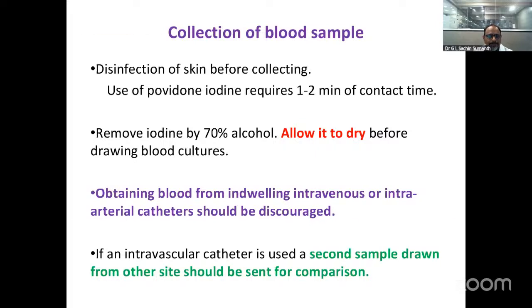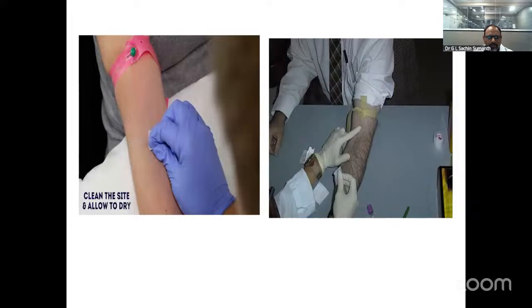This is the way we can take the sample. Often we see people wearing gloves, doing all the disinfection process, and again touching the same site with a gloved hand. So we should avoid touching it once you have cleaned and properly applied the antisepsis.